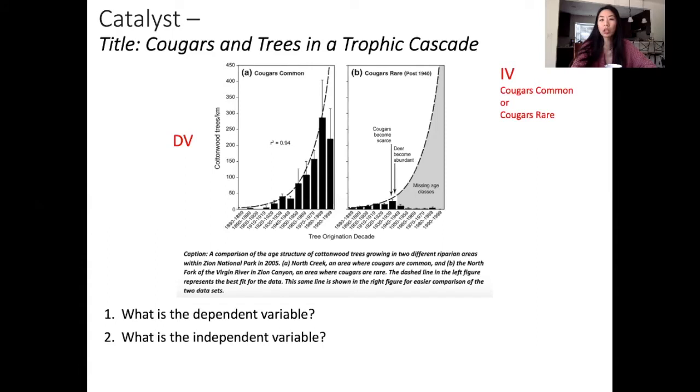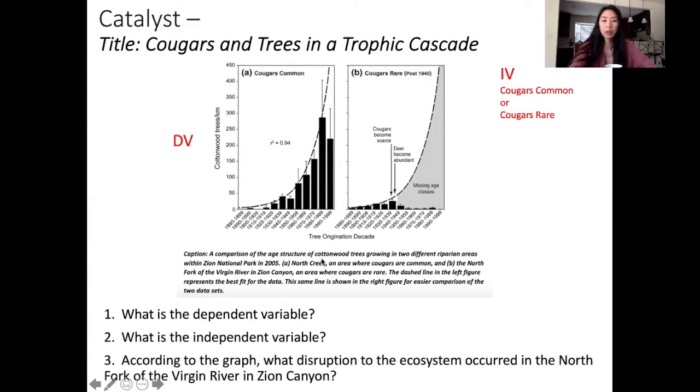You always have to think back to what's going to affect the dependent variable. In this case, the years down here, which more accurately is the tree origination decade, is just one way the scientist was organizing the data. It is not going to affect the amount of cottonwood trees. It was really the cougars.